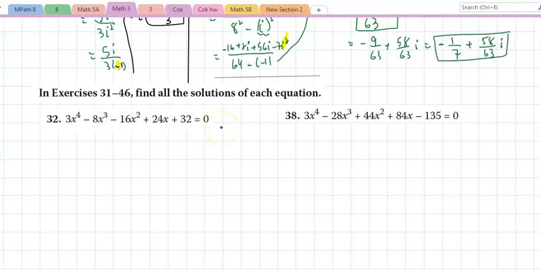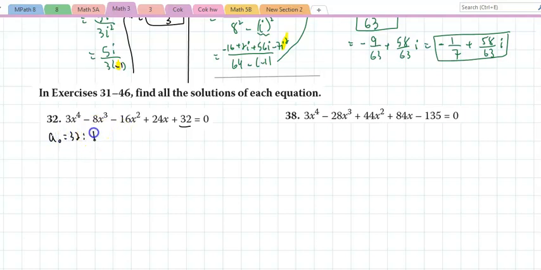I glanced at this. This doesn't match 2 or 3 or 4 terms, but by the previous section, I know how this plays. I look for greatest common factor. I don't see any. So I look at 32 and say the constant is 32.